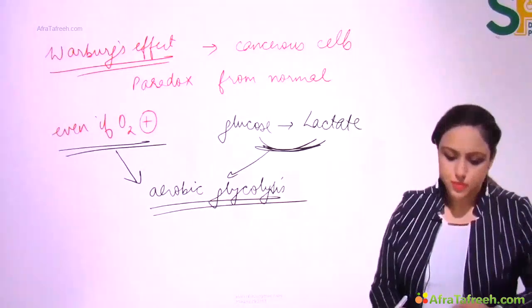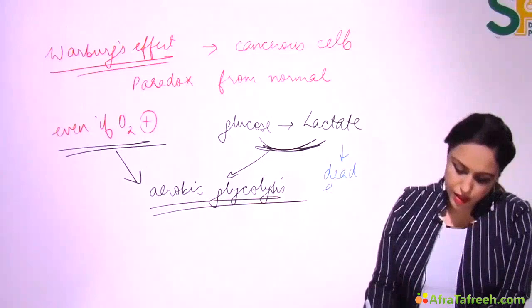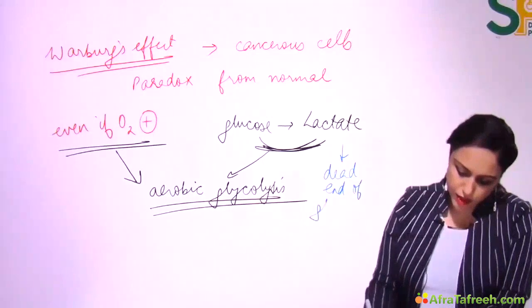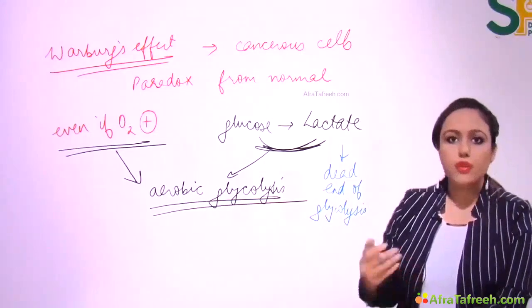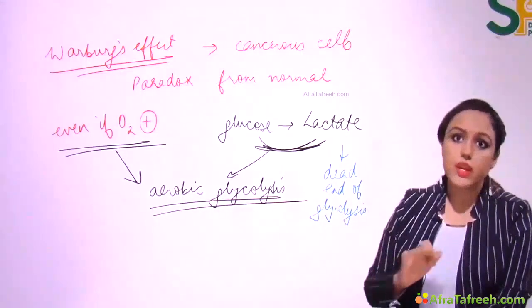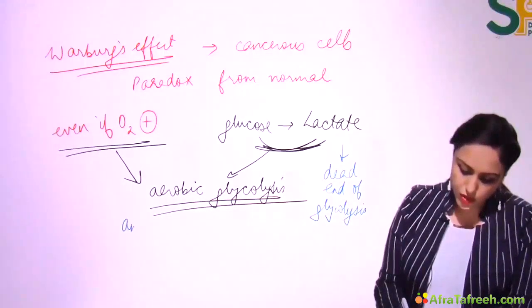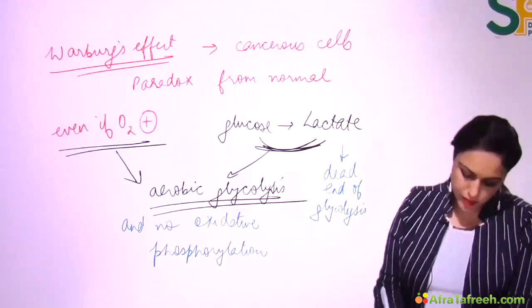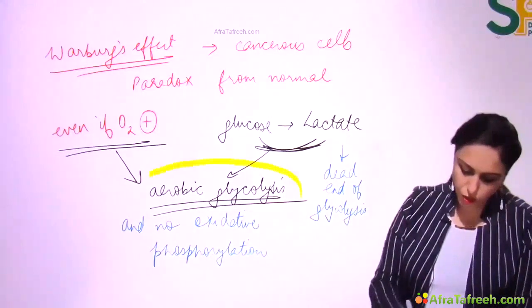So be careful here. And let me tell you, lactate is the dead end of glycolysis. So if lactate is formed in cancerous cells, after that link reaction, TCA etc. will not occur.